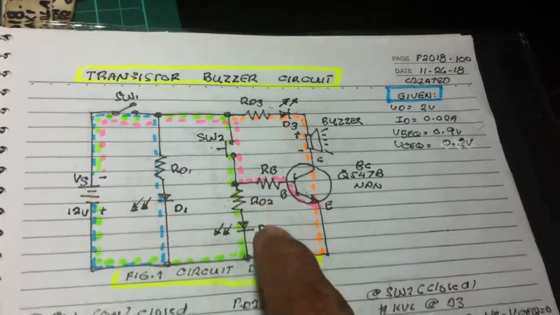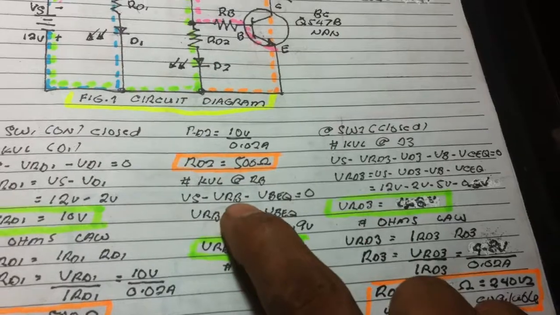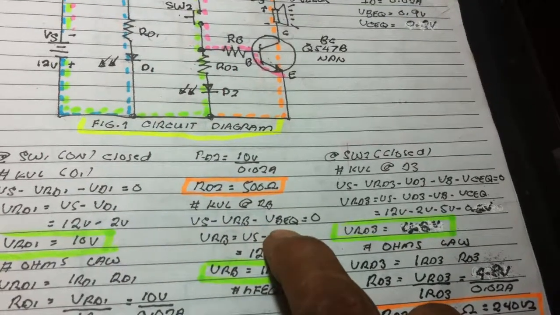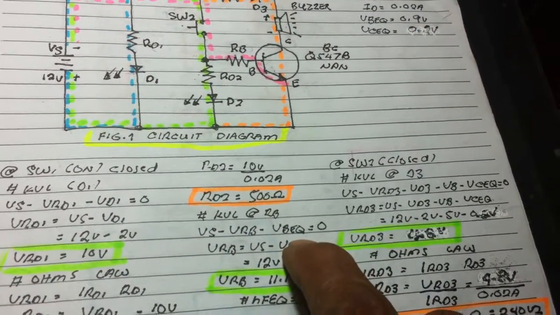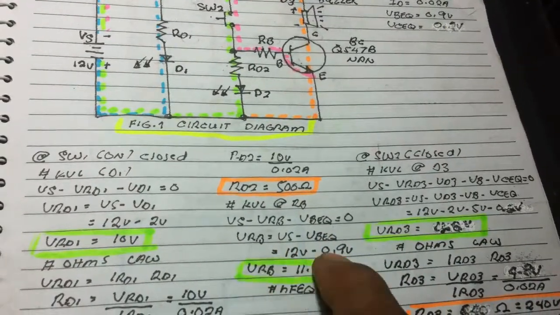So we got the voltage supply minus the voltage drop across the base resistor minus the base to emitter junction of the transistor. We get by transposition, substitution.